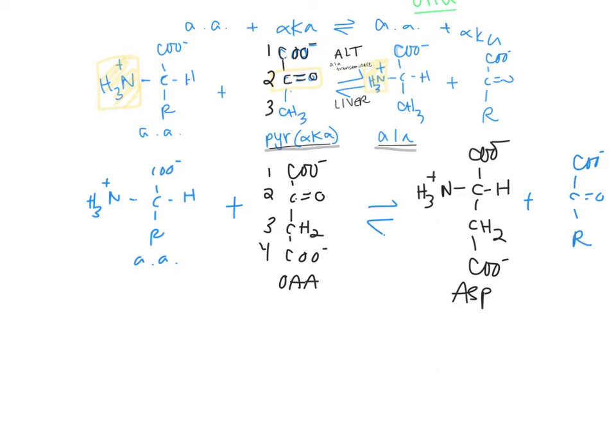So hopefully you're starting to see a little bit of a pattern. The alpha-keto acid is what gives rise to the new amino acid. The original amino acid gives rise to the new alpha-keto acid. That's how it always works. Other things that you might have noticed is there's always a COO minus at the very top of all the structures. You can draw it like that if it helps keep things very simple.